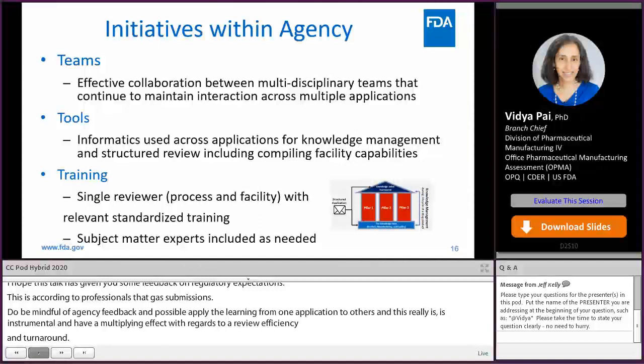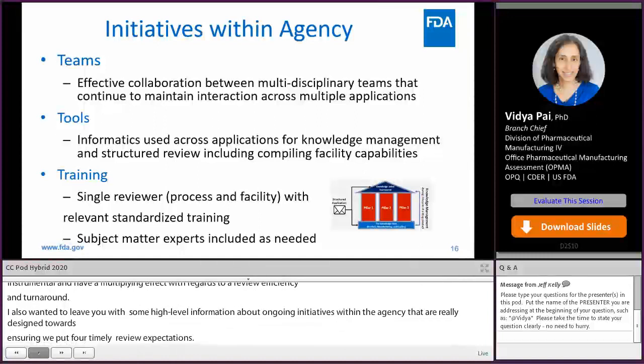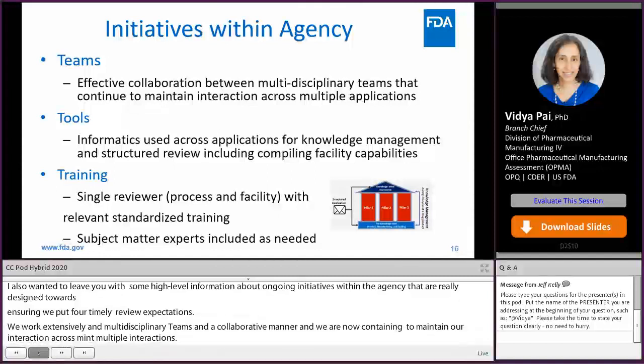We work extensively in multidisciplinary teams in a very collaborative manner, and we are now continuing to maintain our interaction across multiple applications. We're bringing to bear very powerful and tailored informatic tools to gather knowledge across applications and assist in structured review.